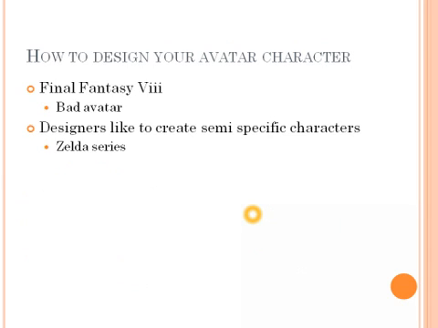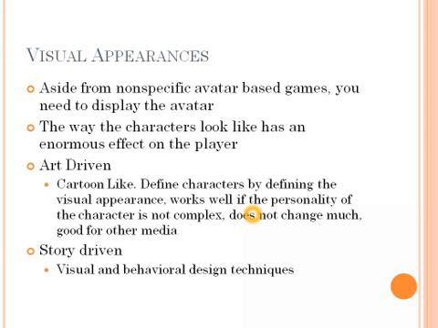For example, in Final Fantasy, the players found the avatar to be obnoxious, so they treated it as bad, and many players just avoided playing Final Fantasy, though it's still a nice game, still a good game. Just because they didn't like the personality of the avatar, they stopped playing it. In the Zelda series, it's a semi-specific character and the players liked it.